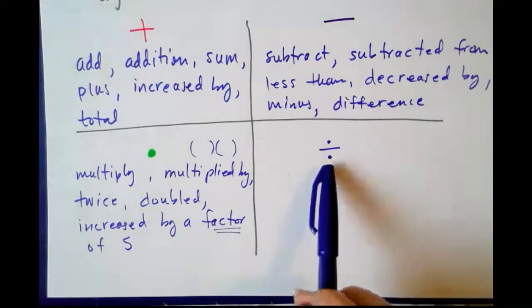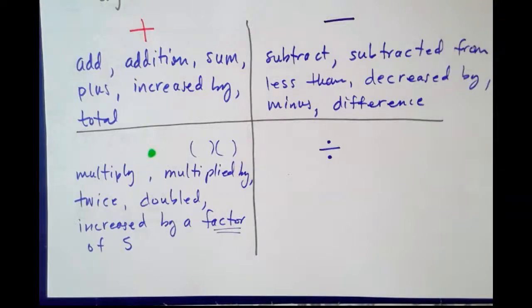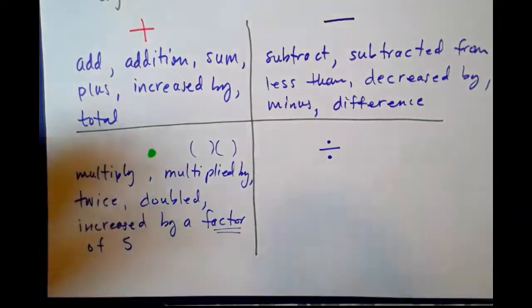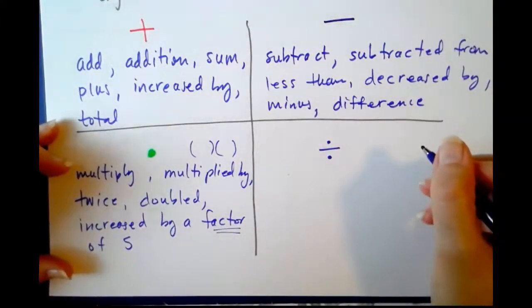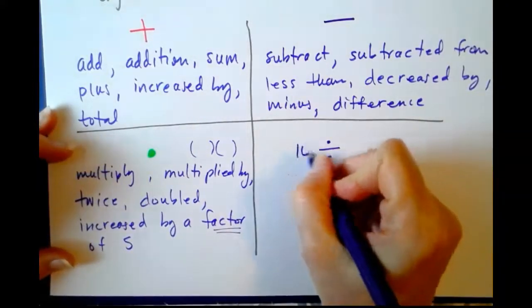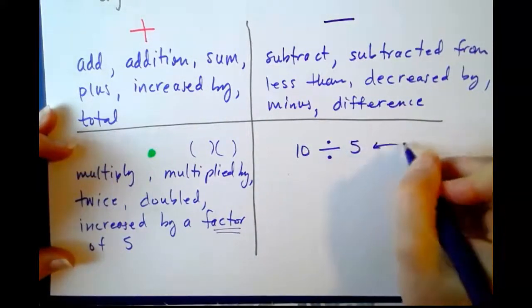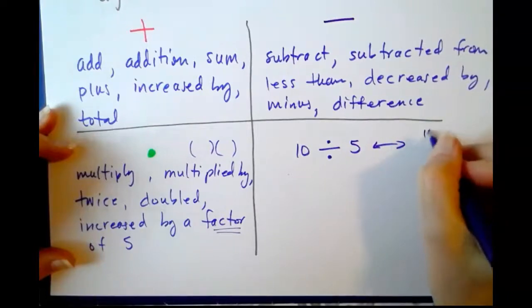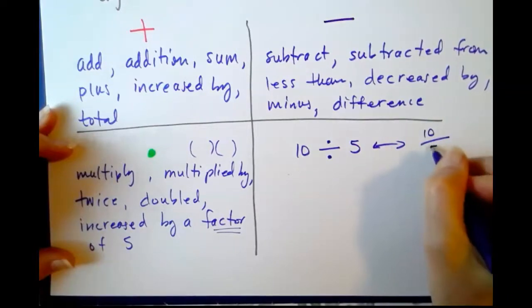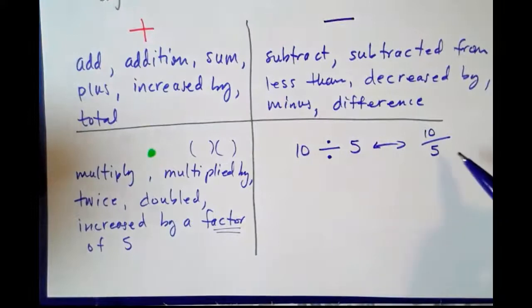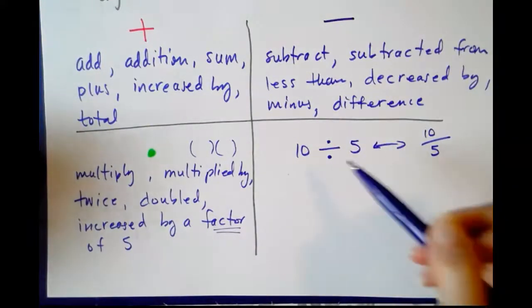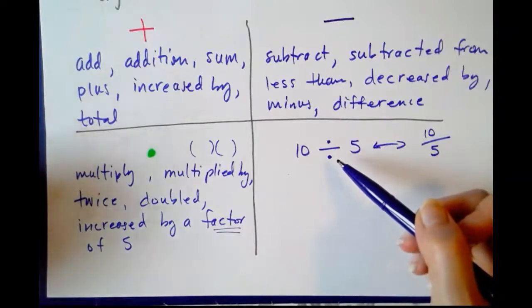So that's something that's the same, and that's something that's a little bit different. Next, we've got the good old division sign. Now, lots of times we're going to use a big fat fraction bar. So we can say 10 divided by 5. That means exactly the same thing as 10 over 5. And lots of times in algebra class, we're only going to use the big fat fraction bar rather than the old school division sign.